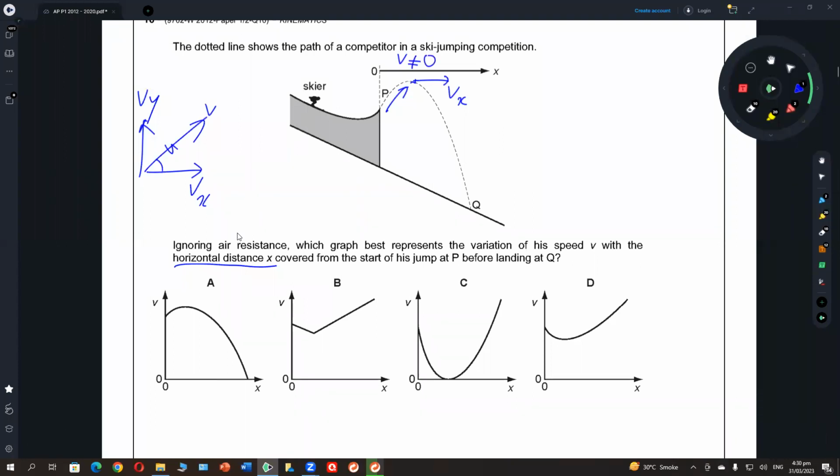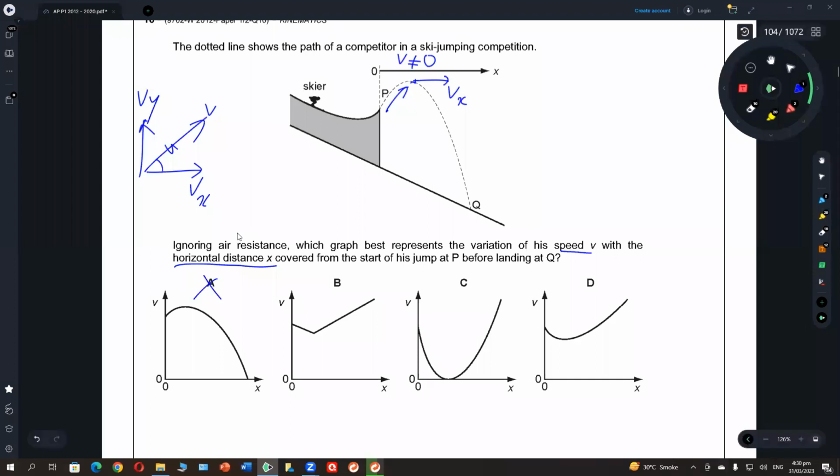Yes, the y component, the vertical component, will become 0, but he's not talking about the vertical component. He's talking about the overall speed. So two points are clear. Initially, speed will decrease. Second, speed will never become zero.